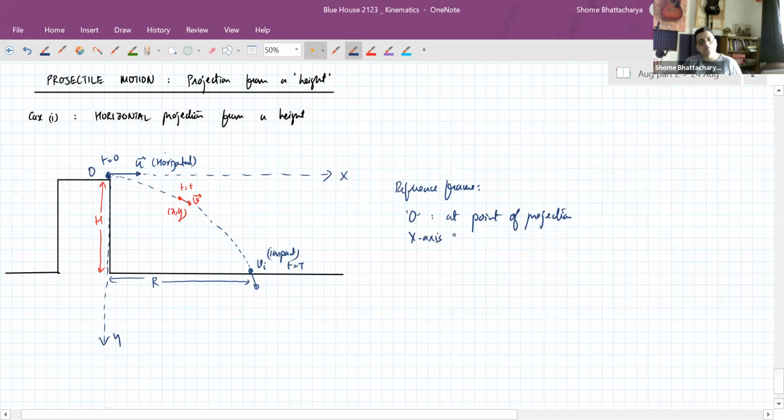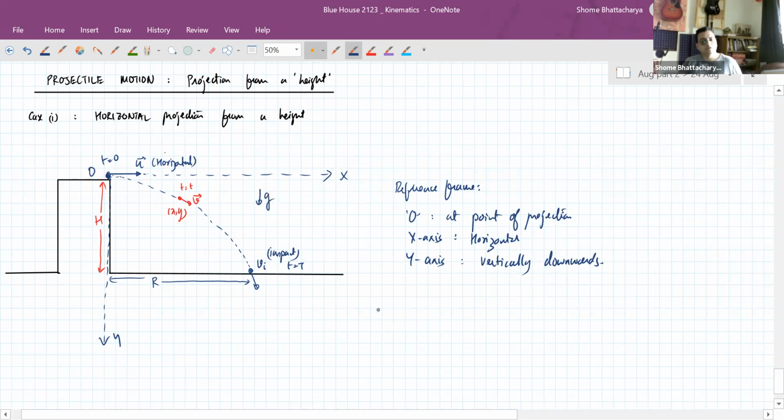X-axis is horizontal and y-axis I'm taking vertically downwards now. You can take it upwards also, but most convenient will be to take it vertically downwards.